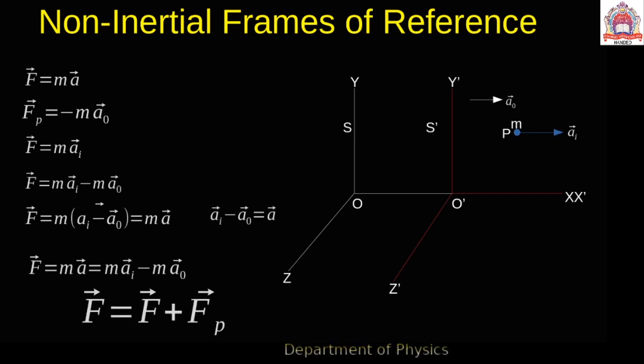So we get F dash is equal to F plus Fp, where Fp is the fictitious or pseudo force.